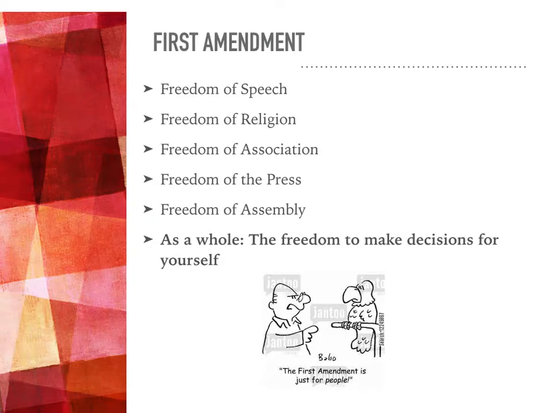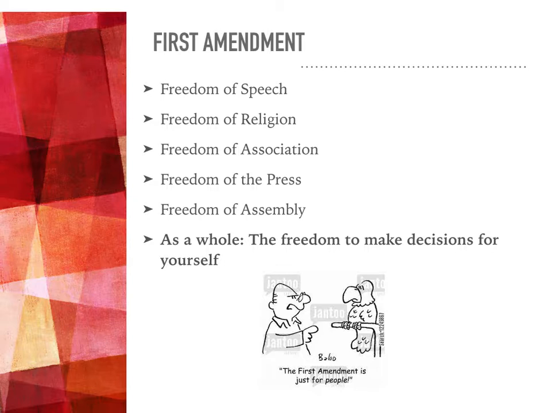So we're going to start with the First Amendment, and when you hear the words First Amendment, you may immediately think of freedom of speech, and this is the amendment you are probably most familiar with. But it may also include some rights that you did not realize were part of it. It also includes freedom of religion, the right to be any religion, Christian, Jewish, Muslim, Hindu, Buddhist, other religions, or no religion at all.